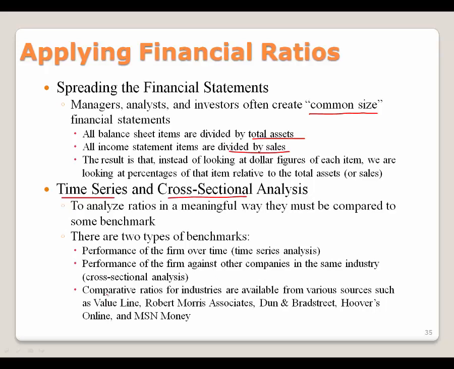A lot of times when you want to get a list of comparative ratios for industry average, you can go to different sources. For example, you go to Value Line. If you are interested in the Bloomberg terminal that we have in Dillard College of Business, you will see that it's very easy to access a lot of comparative ratios from Bloomberg.